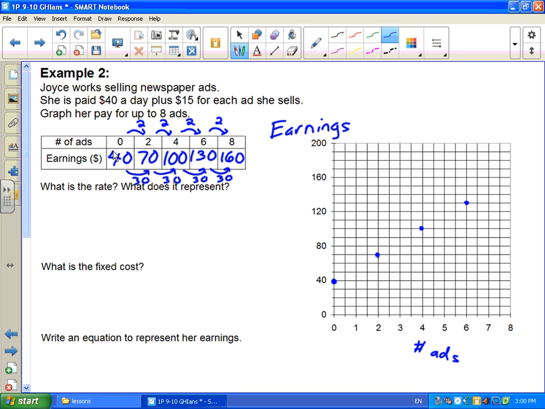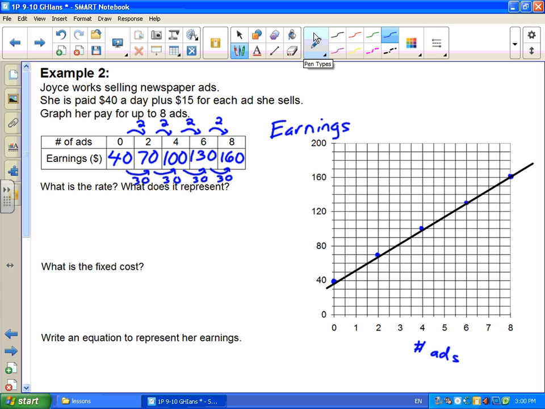And 8, 160 should be right there. So what kind of a relationship do we have here between earnings and number of ads? Absolutely, linear relationship. I can take out my ruler here and I can draw a nice straight line through all these points. Beautiful. Now, what is the rate here?